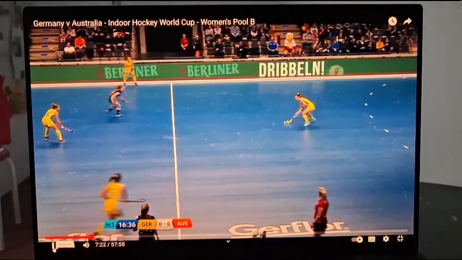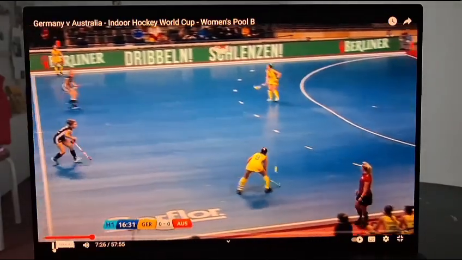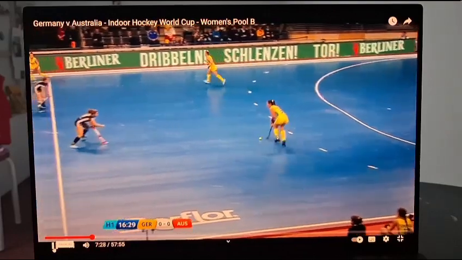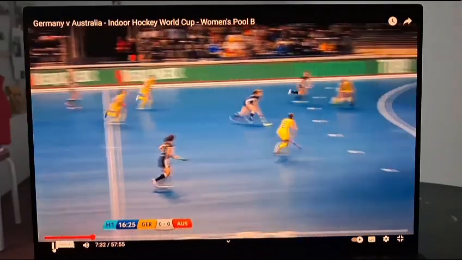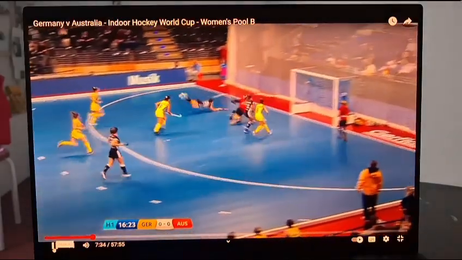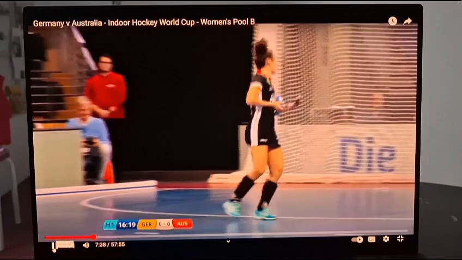That just be the case for them after a slow start when they're beaten by Ukraine, but they came back and saw off the Czech Republic. But a 3-3 draw with Namibia was rather disappointing. But Germany here trying to just slalom through their defense.